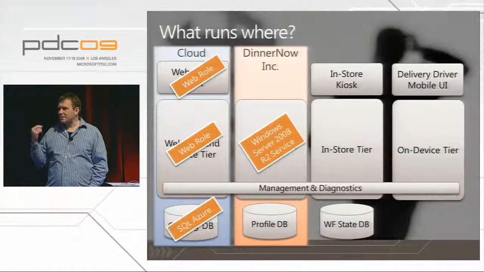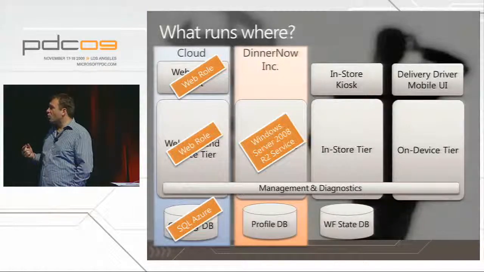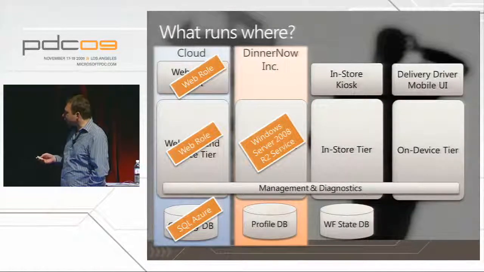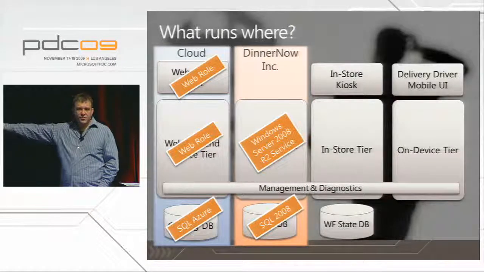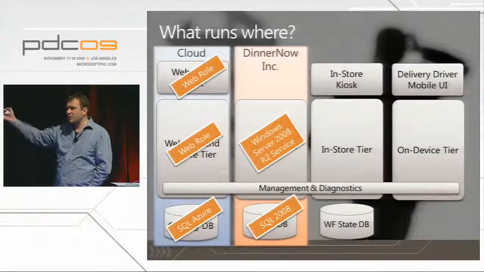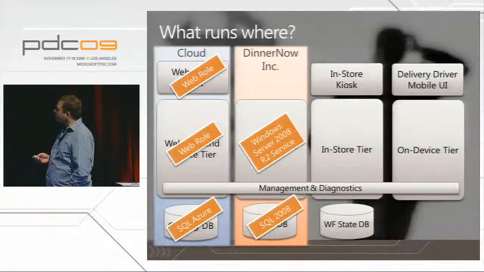So that's an ideal scenario where we just host that workflow in App Fabric. And the little host that I wrote is something you wouldn't have to do once App Fabric comes around. And then the profile database just runs on SQL Server 2008 at that scale. I would say that's a standard edition that just runs on site.